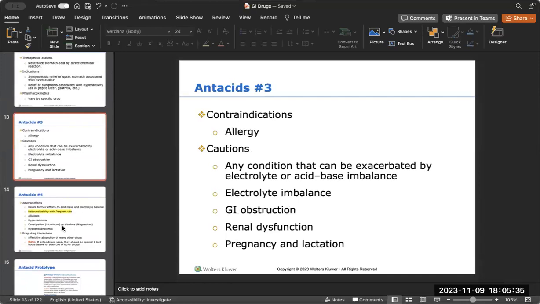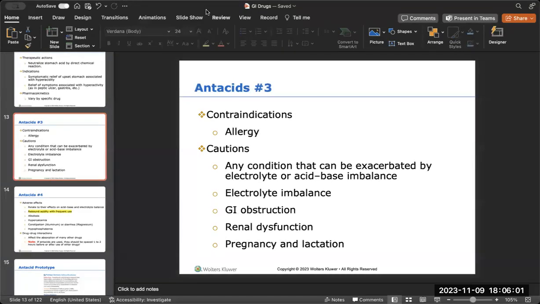Contraindications include allergies, and we want to be cautious with, think about it, right? It's a GI related drug. So if we have GI obstruction, these drugs can't really work the way they should because there's a problem in the GI tract. So if there's a problem in the GI tract, we want to watch out for GI obstruction. These can cause electrolyte imbalances. Why?